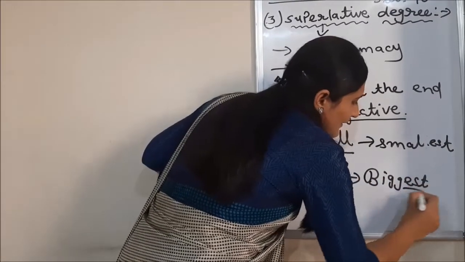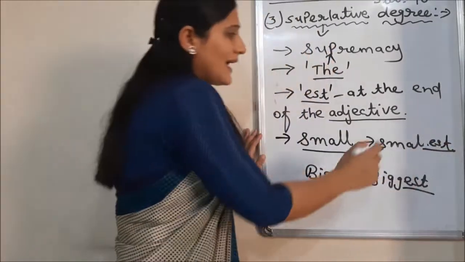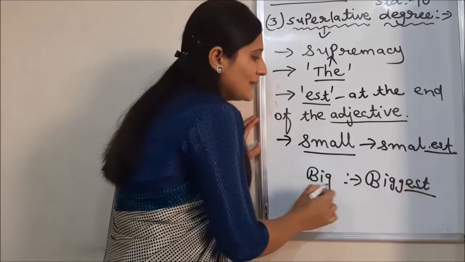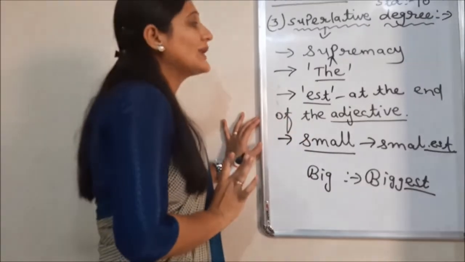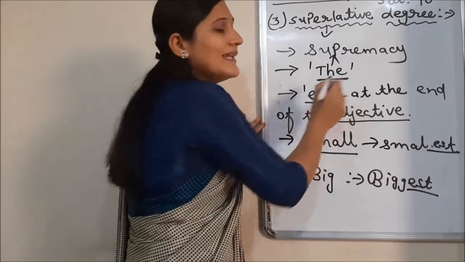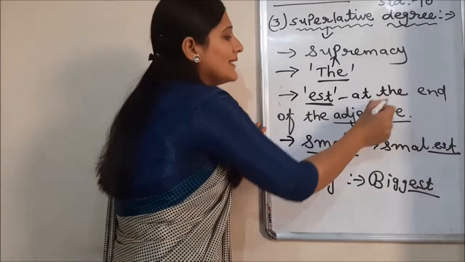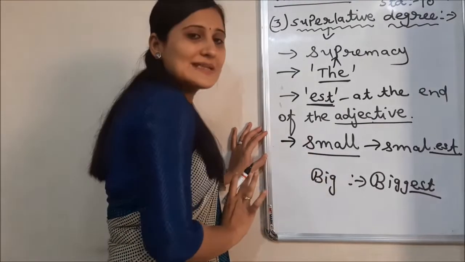We need to add est at the end of the adjective. Small, smallest, big, biggest, right? So keep this in mind: we need to add the, and est at the end of the adjective.